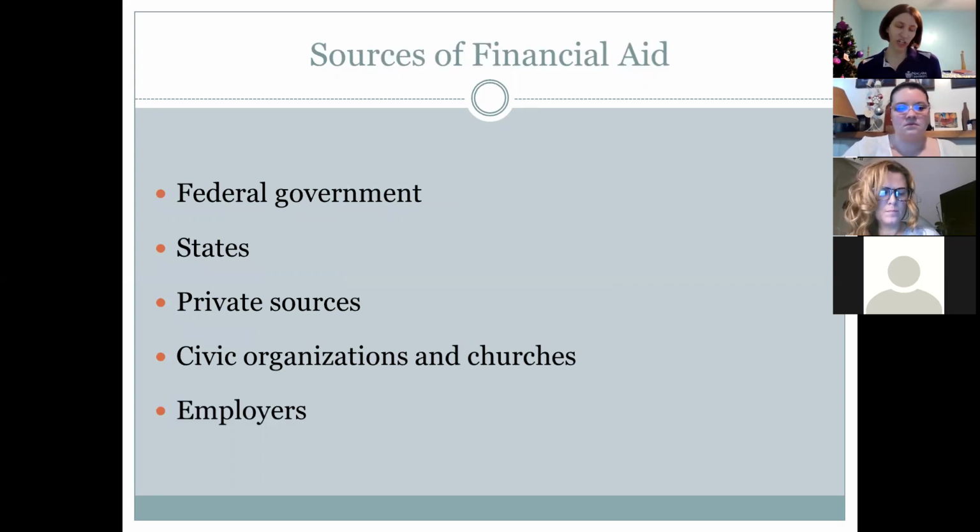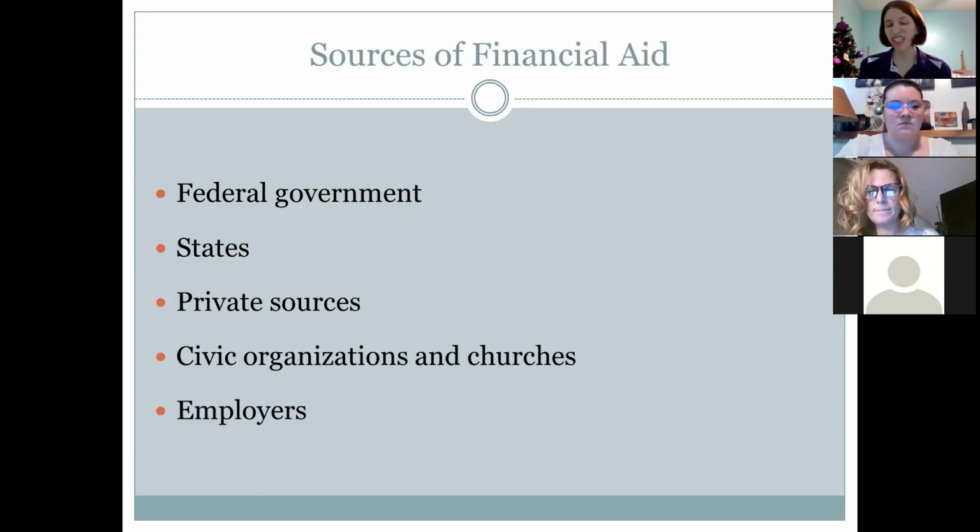Then the sources of financial aid that go into those four categories: you have the federal government, and that's your largest source of aid, again based upon that FAFSA form. You have states. So if you're a New York State resident, which I'm assuming most everyone here is, you potentially could be eligible for state money for going to specific schools.